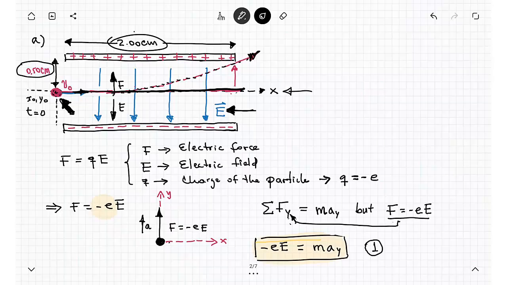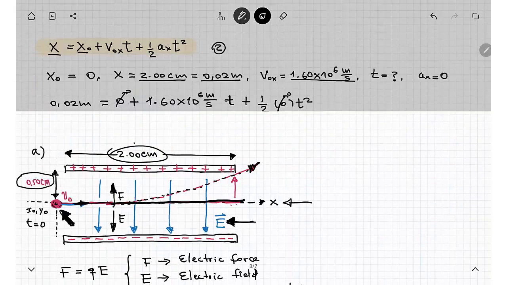So there is a force, and because there is a force, there is an acceleration, because Newton's second law says that when you have a force applied on a particle, you will have an acceleration on that particle. Or the other way around, if the particle is accelerating, it's because there is a force being applied to it.